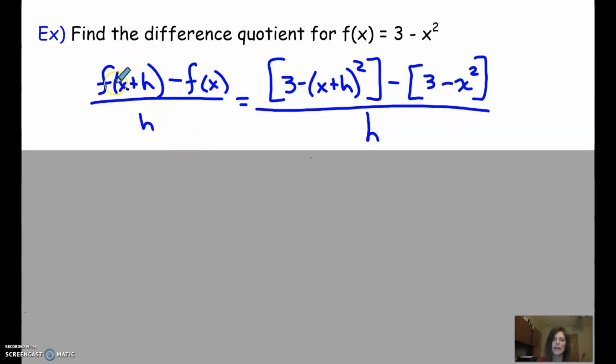So we're going to take x plus h and put it in place of this x. So that's why it says 3 minus and then the quantity x plus h squared. Minus straight up f of x, whatever we're given. Again, don't forget those brackets, all over h.